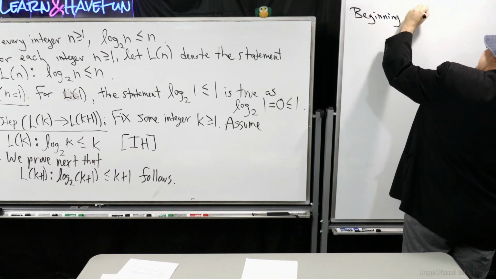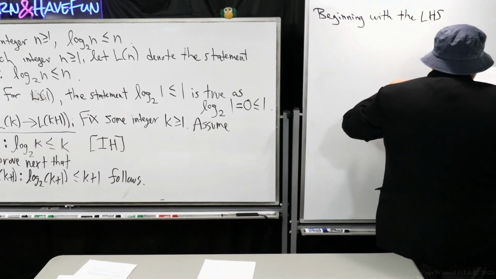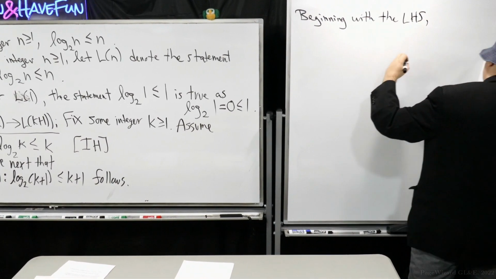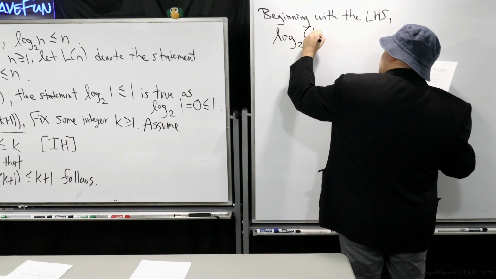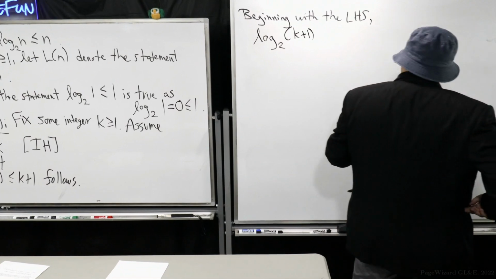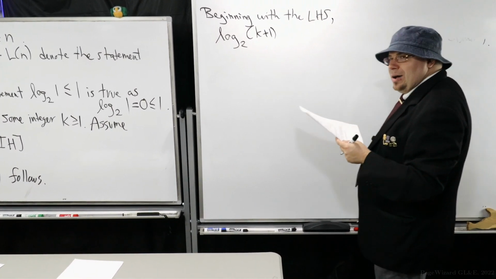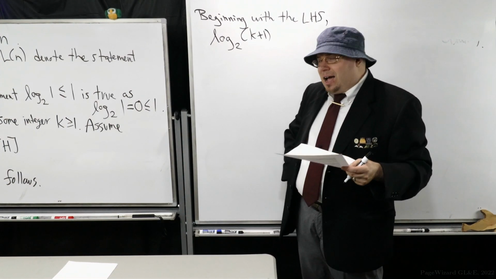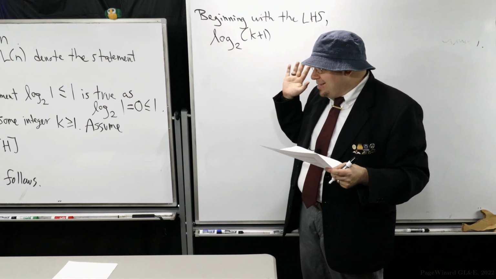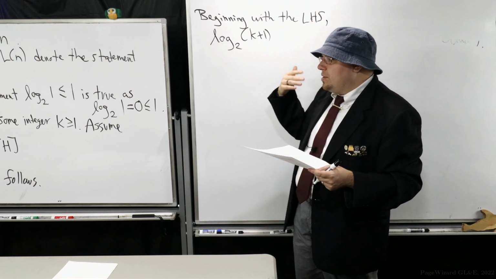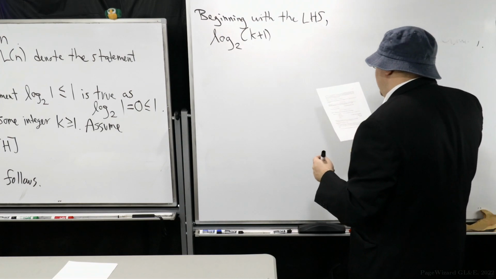Beginning with the left-hand side of the inequality, we could say log base 2 of k plus 1. What I ideally would like to have is something that looks like L of k, something involving log base 2 of k. If I can get that, then we're in good company.